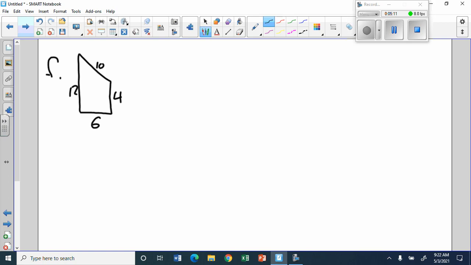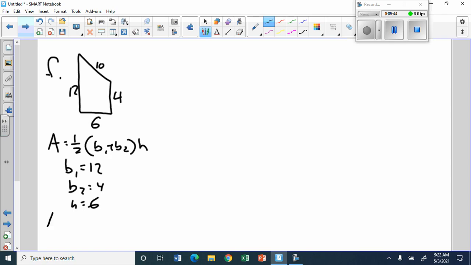What's the area of a trapezoid? Yeah, 1/2 of the quantity, base 1 plus base 2, times height. Which number would base 1 be? It'd be either 12 or 4 because it's got to be the parallel side. So base 1 is 12, base 2 is 4, height is 6.